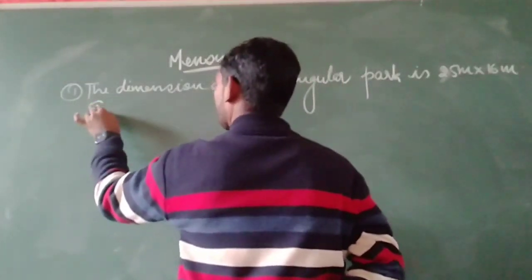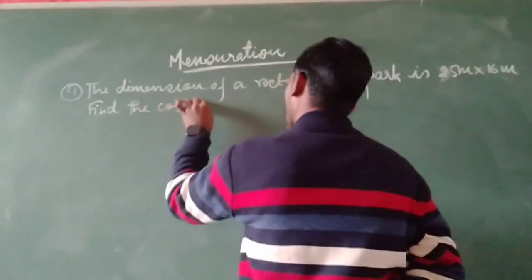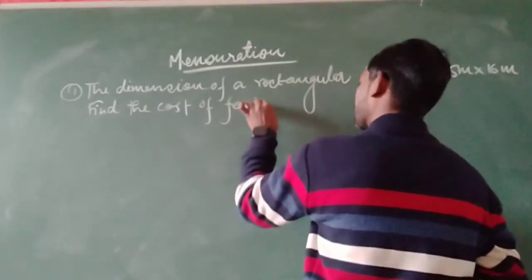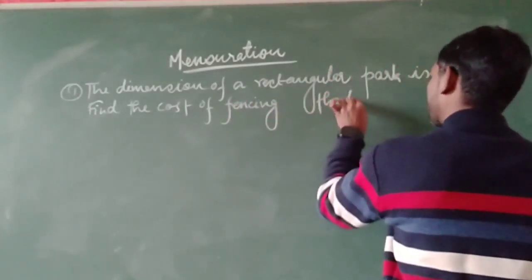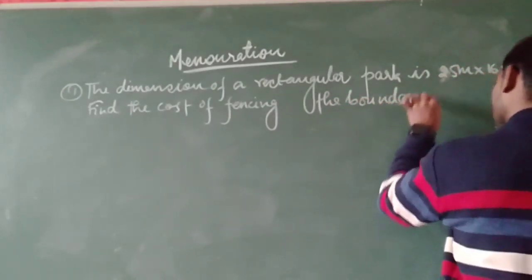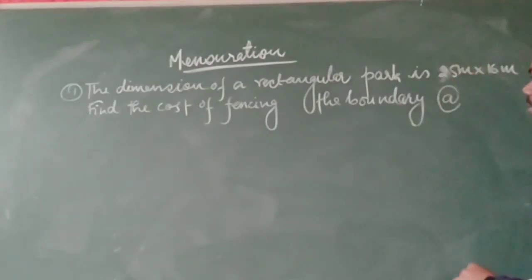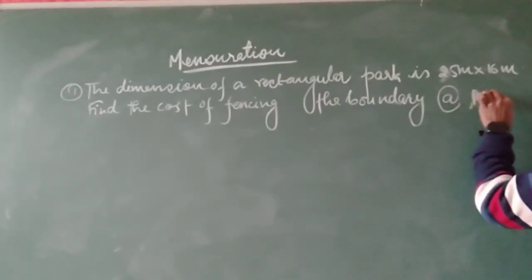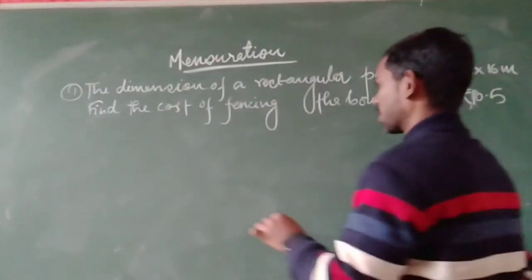Find the cost of fencing the boundary at the rate of 10.5 rupees per meter.